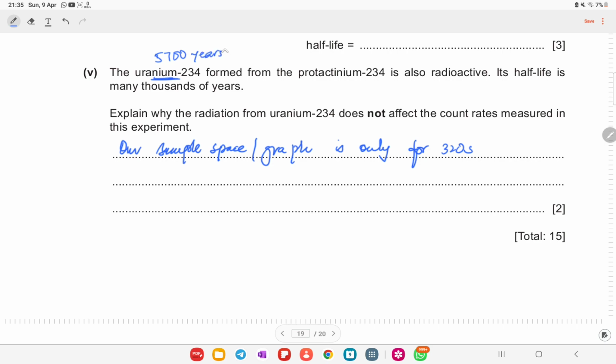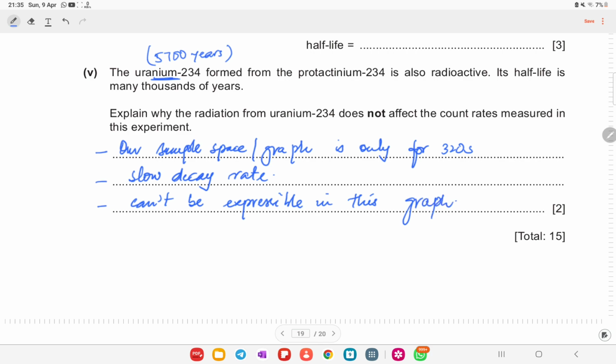You might memorize this number as well, because if you memorize it, you will be able to understand this question. Our sample, or the question given in this paper, is for 320 seconds, so we cannot compare it with 5700 years. This tells us that it is a slow decay rate, and it can't be expressed on such a small graph. So thank you very much.